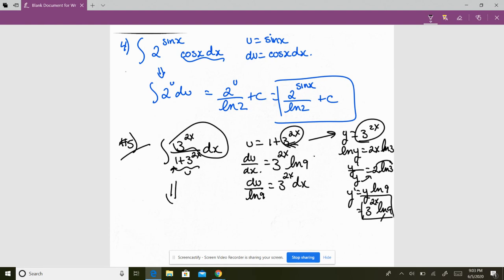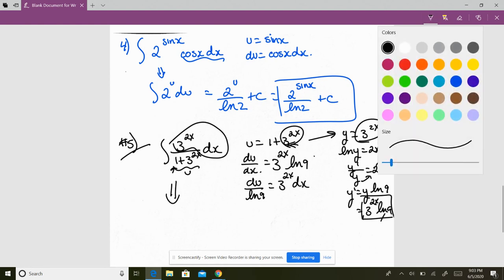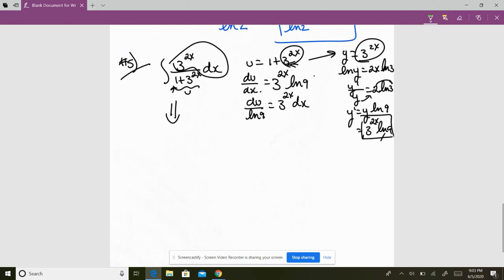Now my integral, we'll go light green here, becomes 1 over u times du over the natural log of 9. I'm going to pull out 1 over the natural log of 9. So let's put the integral of 1 over u du.